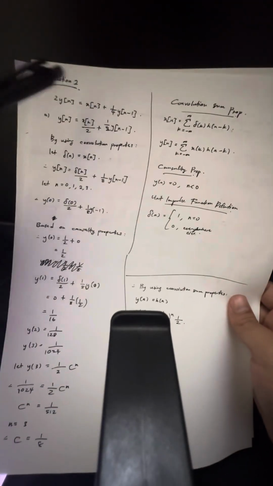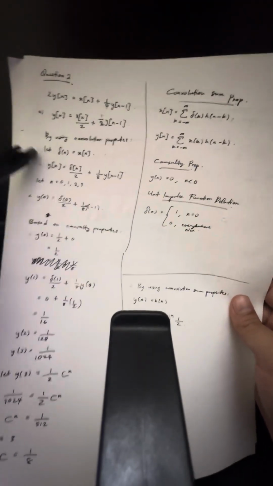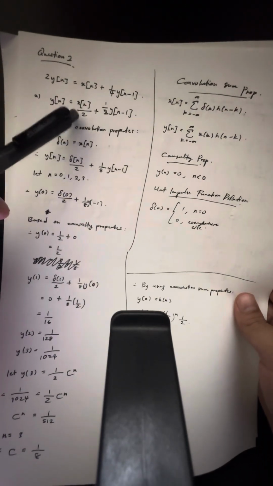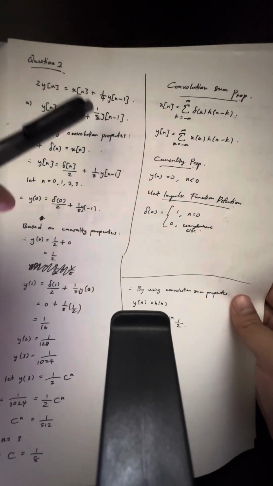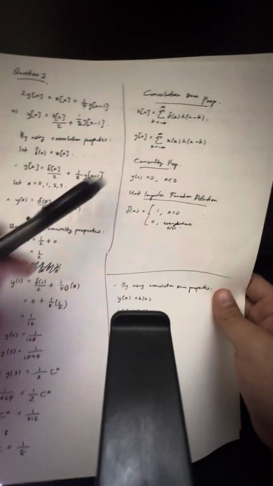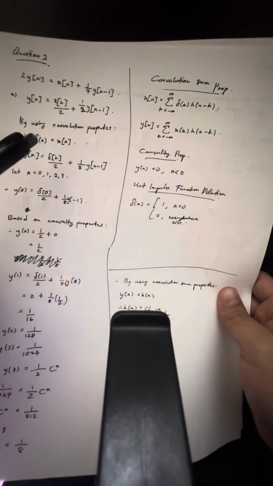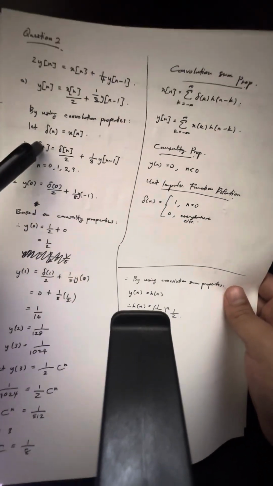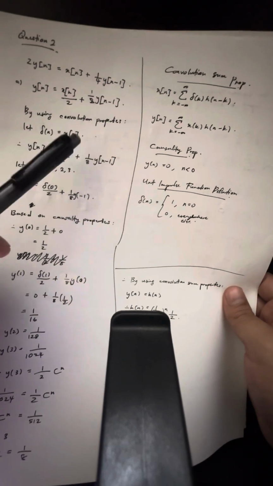So by simplifying the equation, we have the LTI system equation y of n equals x of n over 2 plus 1 over 8 y of n minus 1. By using the convolution properties, we can assume that delta of n equals x of n.